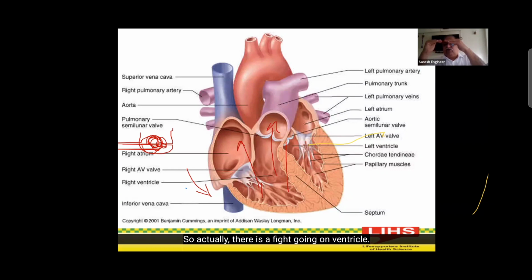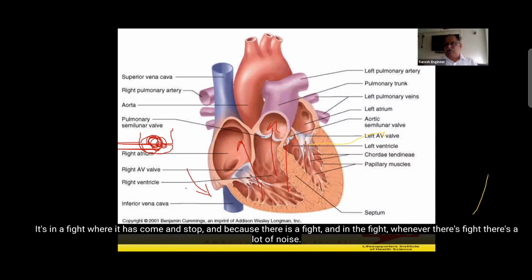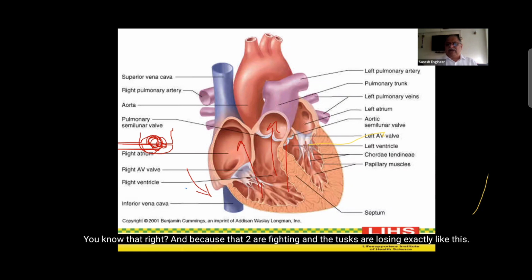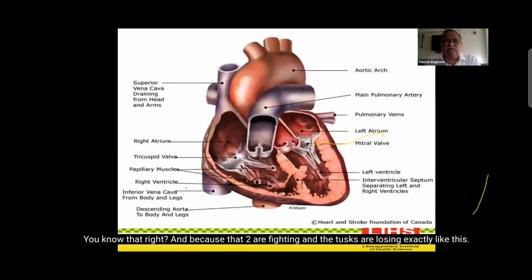Ventricle papillary muscle pulling it down, hydrostatic pressure of blood pushing it above. Whenever there's a fight, there's a lot of noise. You know that, right? Because the two are fighting, the cusps are closing exactly like this.